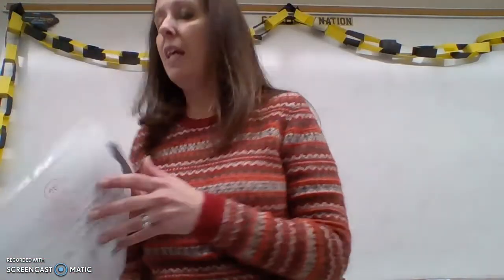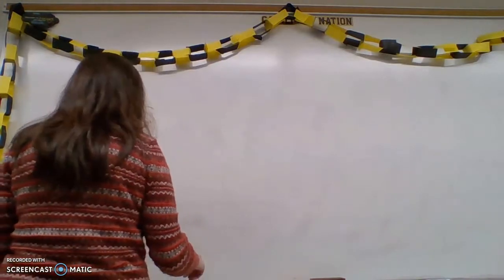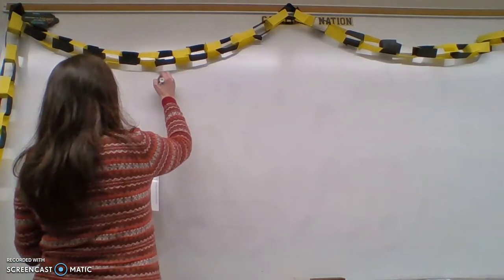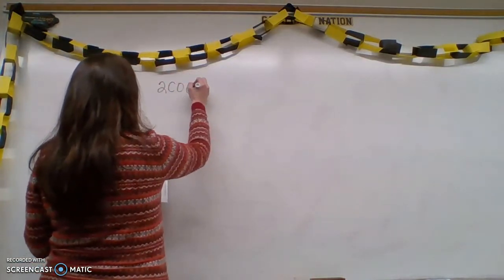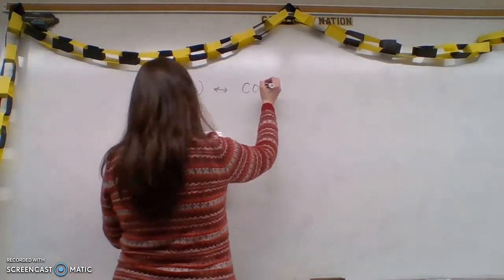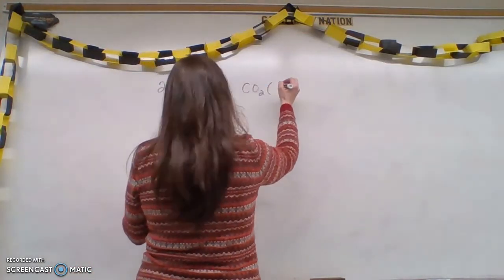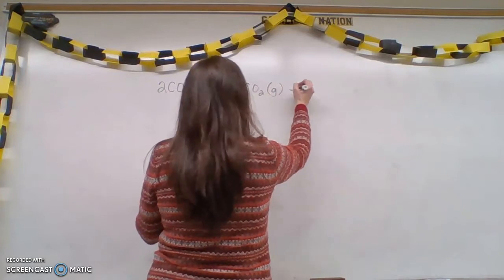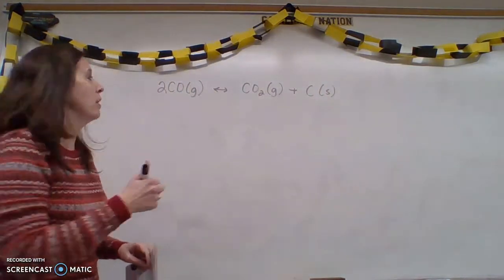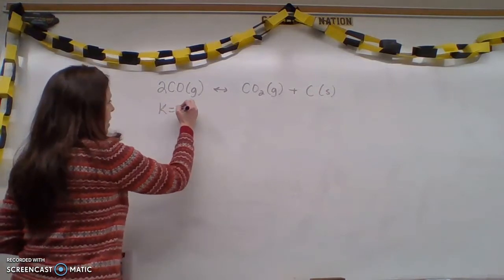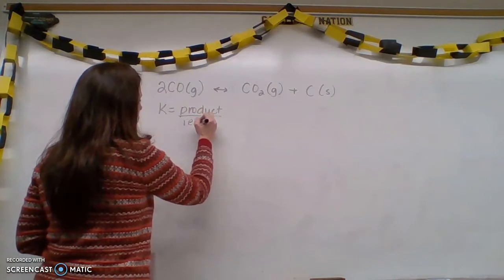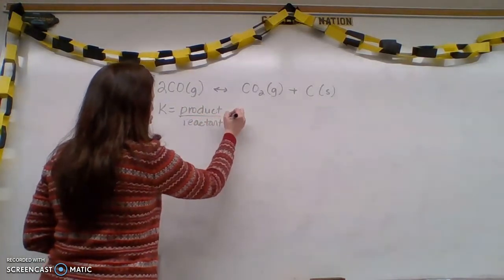Okay? And I'm going to do an example on the board just so you get an idea of what I'm talking about. So if on a test or quiz or a calculation sheet, I said, hey, write the equilibrium constant for this. All right, when I do it, again, I just do K equals products over reactants. That kind of keeps me straight.